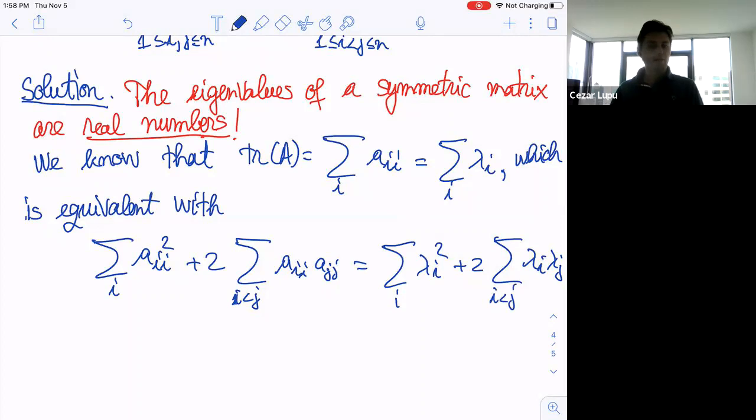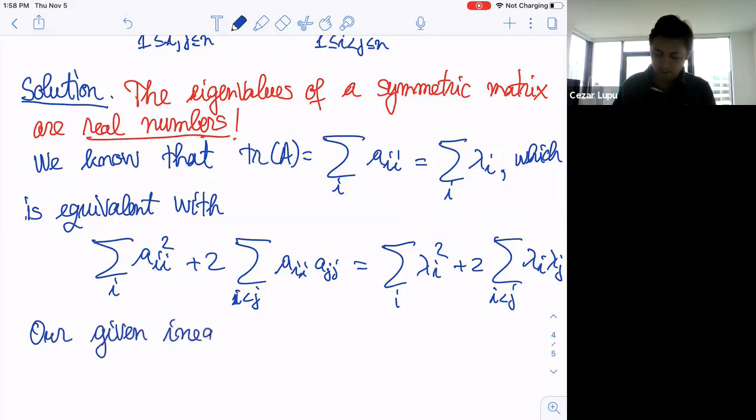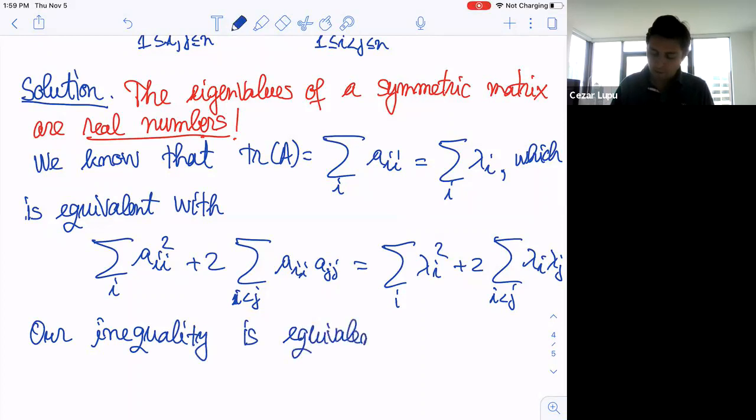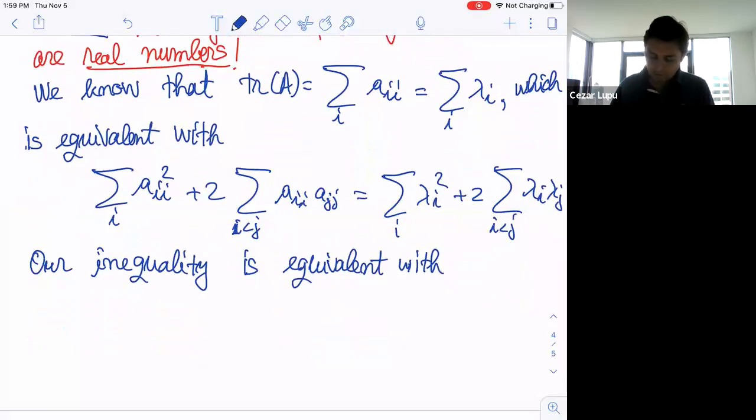And now keep in mind what we have to prove. Our given inequality is equivalent with the sum of a_ii squared being less or equal than the sum of lambda_i squared, right?